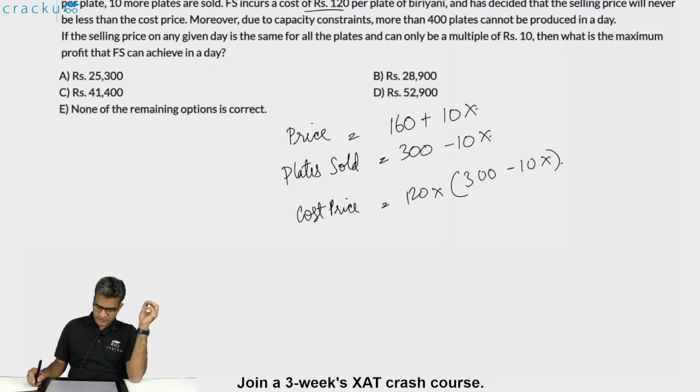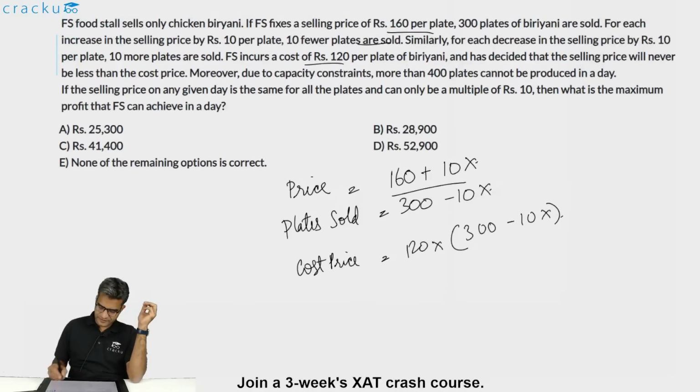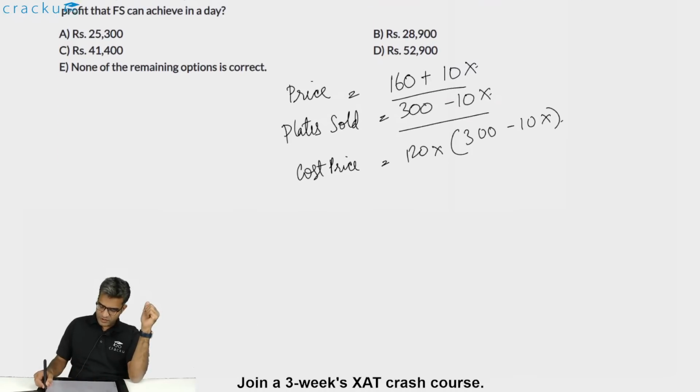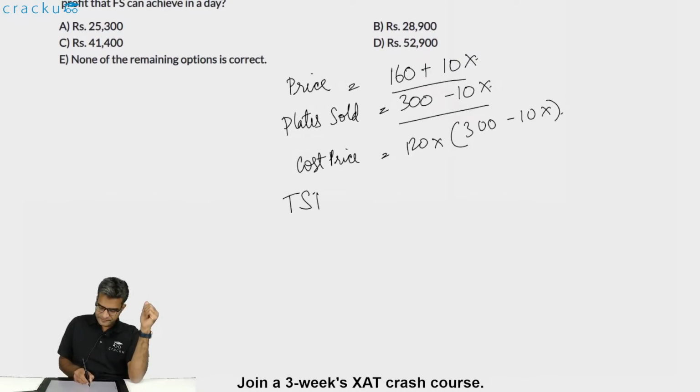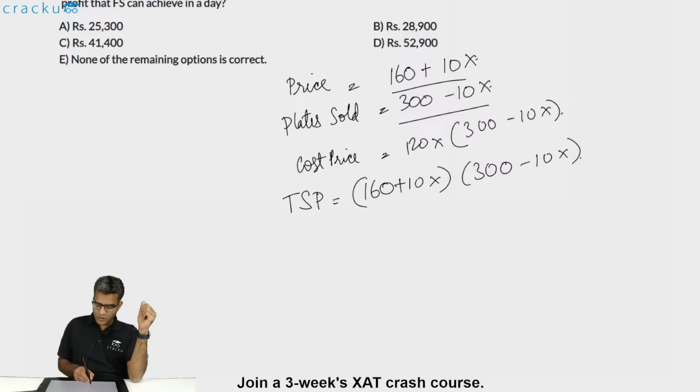Okay. So price is 160 plus 10x and number of plates sold is 300 minus 10x. So what is the total revenue? Total revenue, or the total selling price, is price into plates sold, which is 160 plus 10x into 300 minus 10x. What is the total cost price? The total cost price will be 120 into 300 minus 10x.